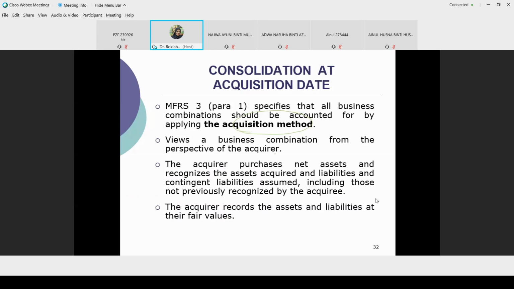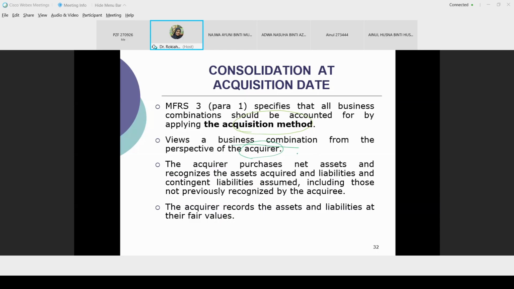The acquisition method views a business combination from the perspective of the acquirer. Acquirer here means the parent. We're going to focus on the parent's view of the accounts. The acquirer purchased the net assets and recognized the assets acquired and liabilities and contingent liabilities assumed, including those not previously recognized.